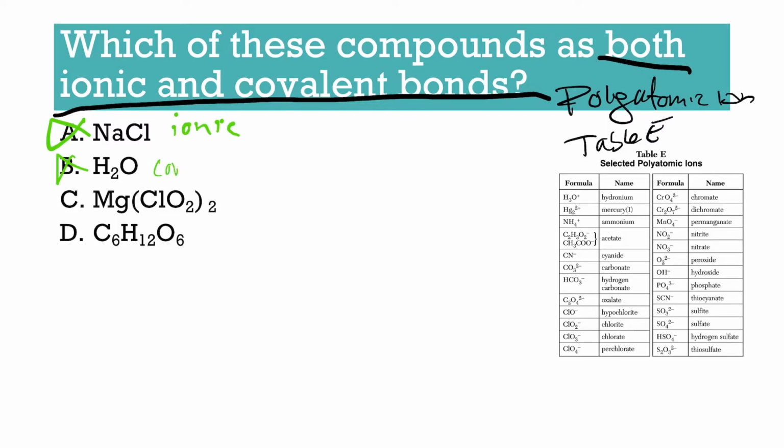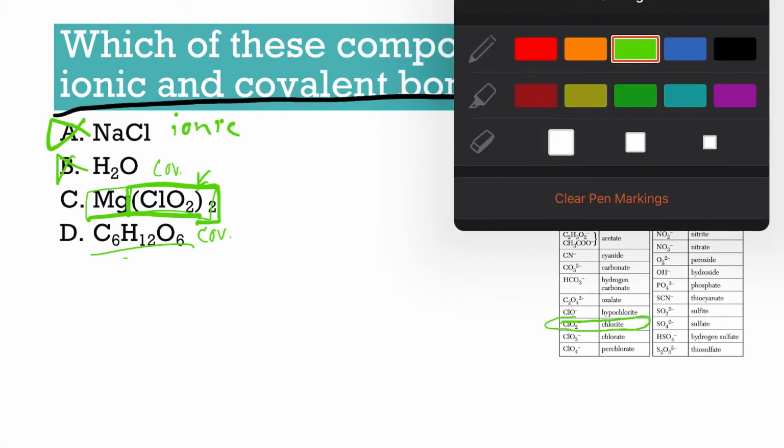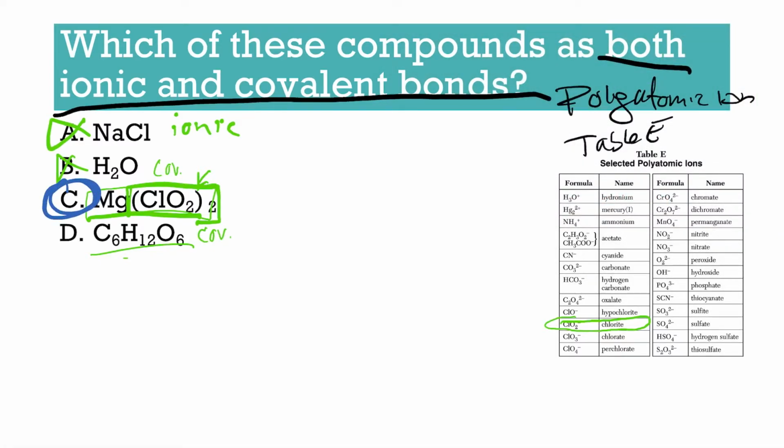H2O is just covalent. C6H12O6, all nonmetals, it is covalent. But if we look at this one, ClO2 is right here on Table E. So this part right there in that green box has covalent bonds, but that polyatomic ion and Mg are connected ionically.